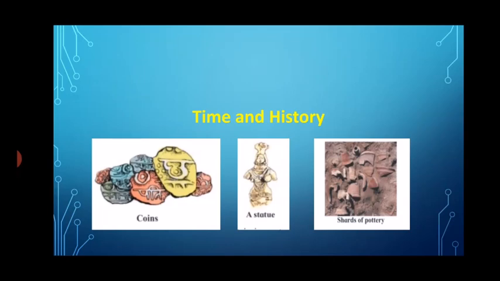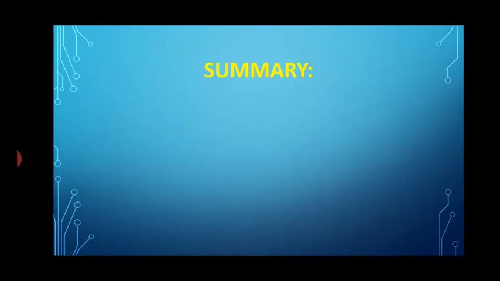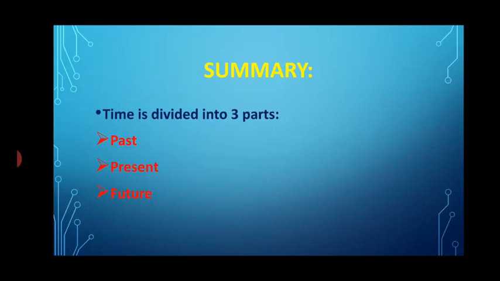Alright children? So let us summarize what we have learned today in this lesson. Time is divided into three parts. They are past, present and future. And we also saw the words which we use for past is yesterday, for present is today, and for future is tomorrow.